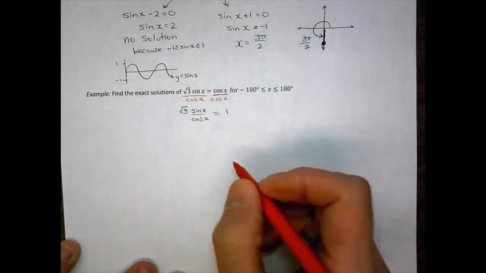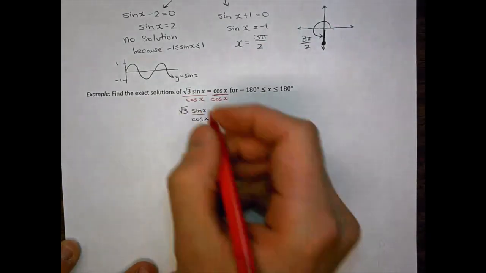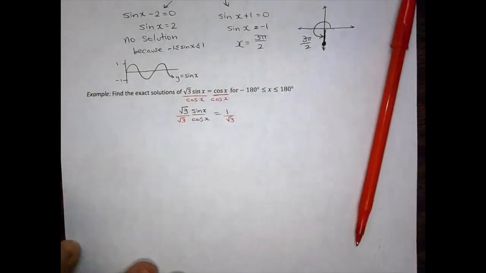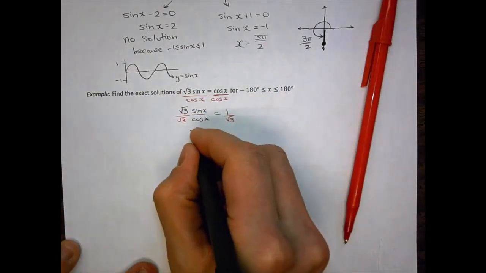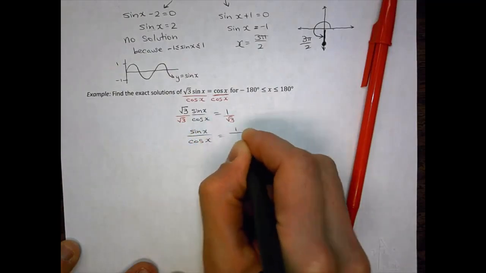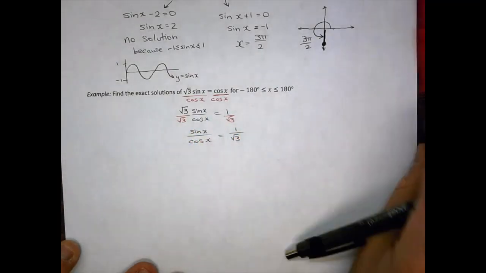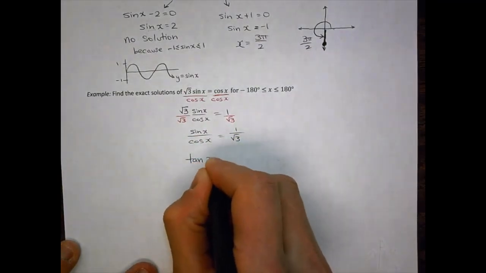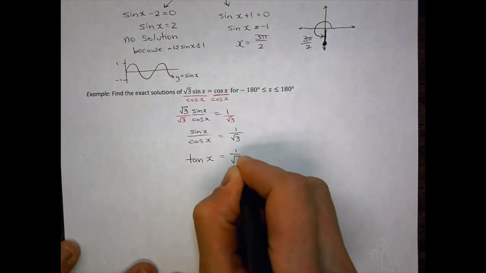Now I do want to get rid of the root 3, so I'm going to divide both sides by root 3. So now I end up with sine x over cos x is equal to 1 over root 3. And there's my trig identity. Tan x is equal to 1 over root 3.